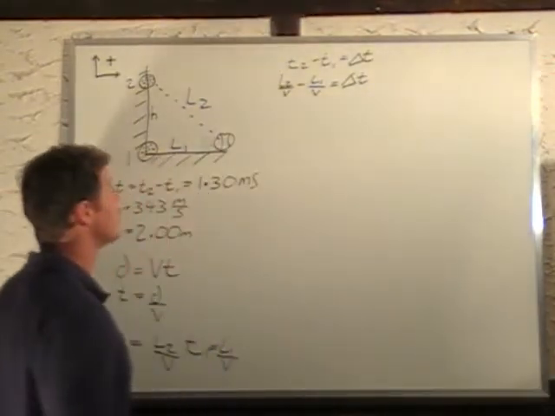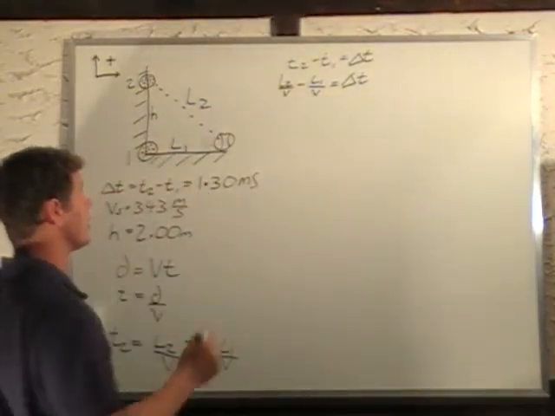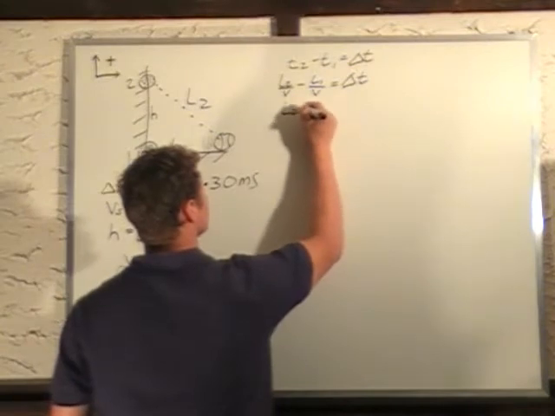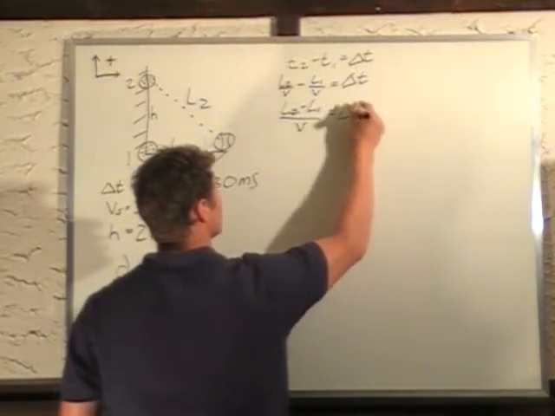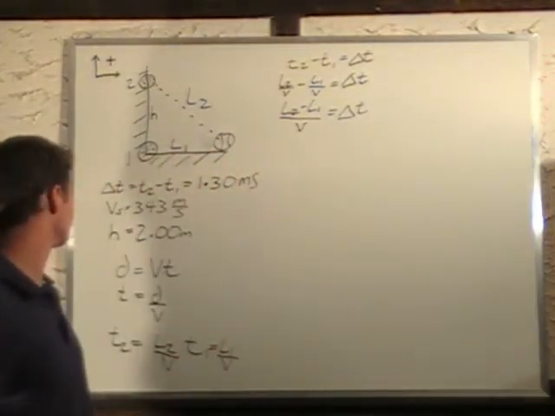So we have L2 minus L1 over V equals delta T, just by combining like terms.